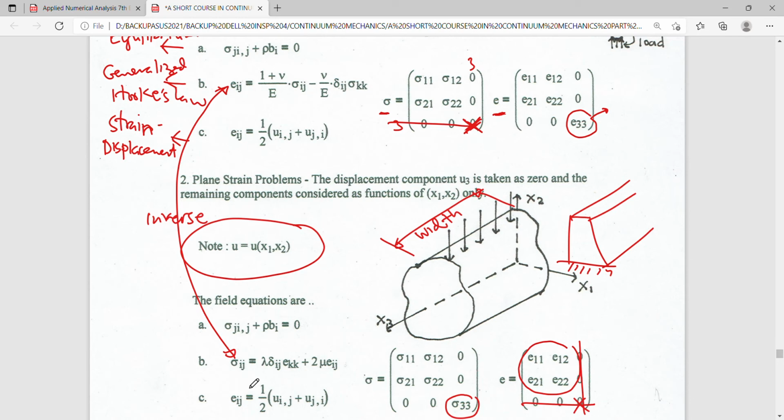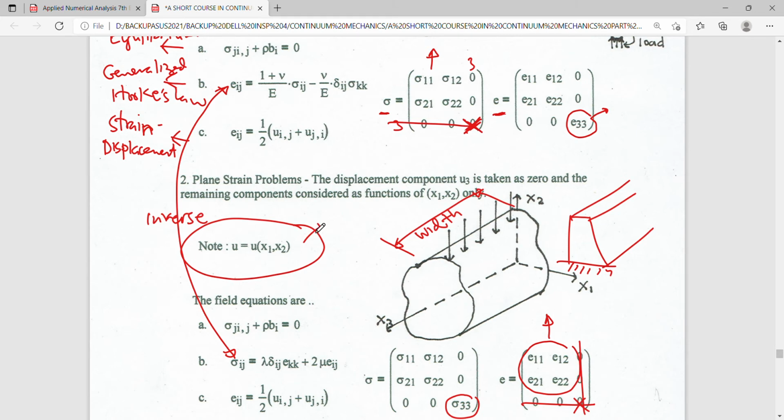So why did it, bakit ganito ang ginamit? Kasi ang kailangan mong malaman dito is yung strain because given yung stress field mo. Dito naman, ang kailangan mong kunin yung stress kasi given yung displacement or strain field mo. Given yung displacement.